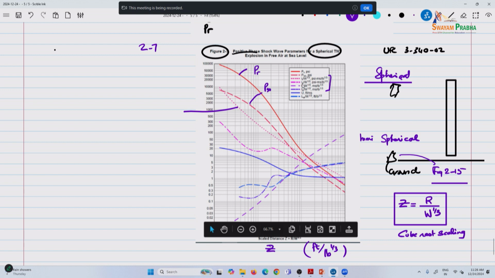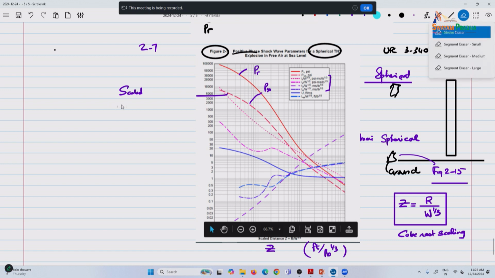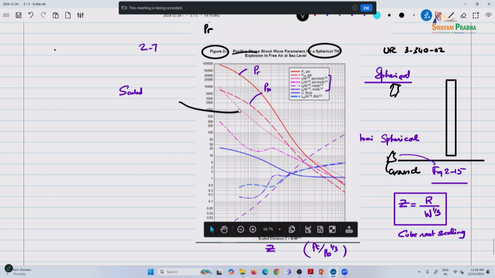This is the scaled reflected impulse. When you open your UFC 340, you'll see it in a clear manner. So some quantities are scaled, and this is incident.